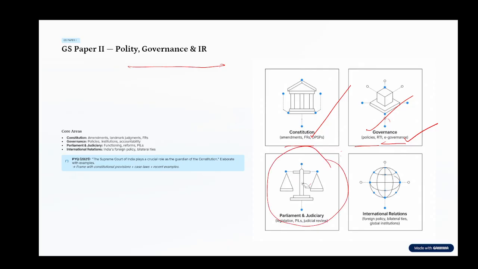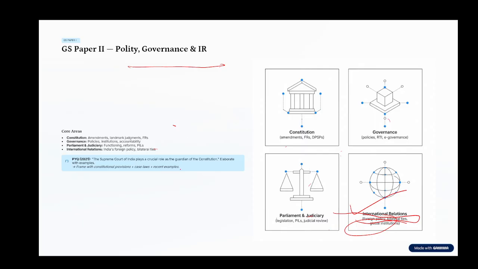Next, parliament and judiciary. Here we discuss legislation, PILs, judicial review, all that will be discussed here. And international relations, where we will discuss foreign policy, bilateral ties and global institutions.